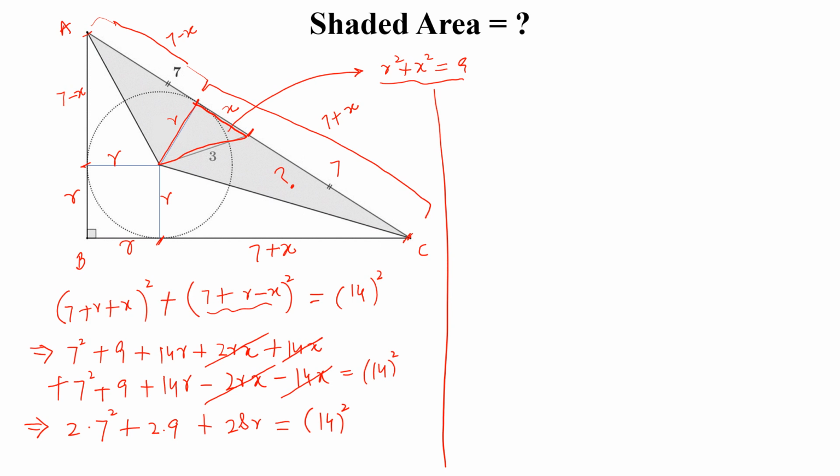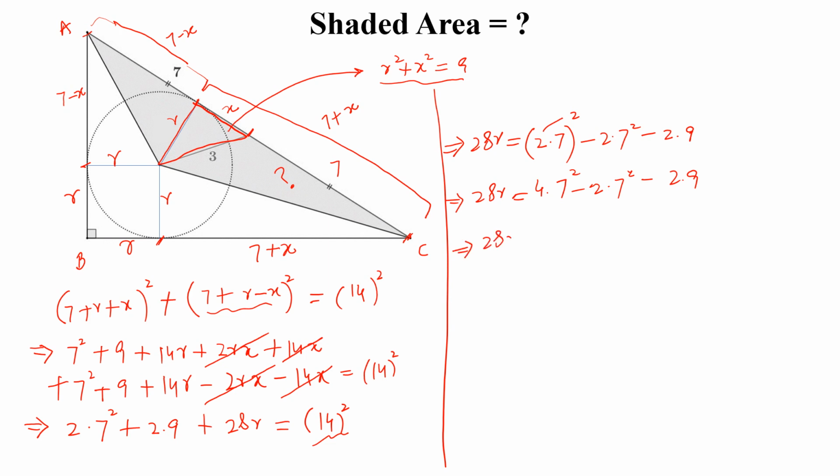Now we can simplify this more, and we can write 28R is equal to 14 square, and we can write 14 square is 2 into 7 whole square, minus 2 into 7 square minus 2 into 9. 28R equal to, if we simplify this, is 4 into 7 square, since 2 square is 4, 7 square minus 2 into 7 square minus 2 into 9.